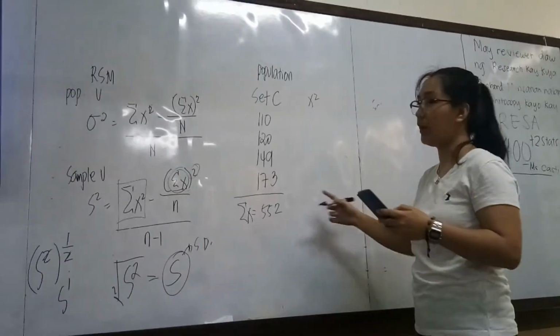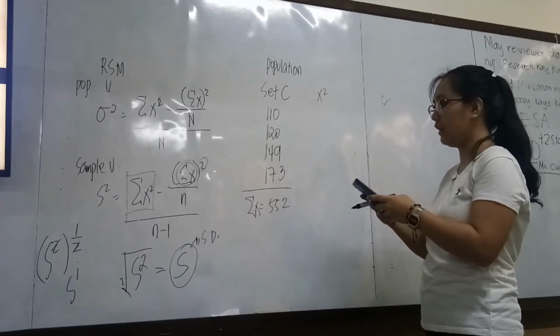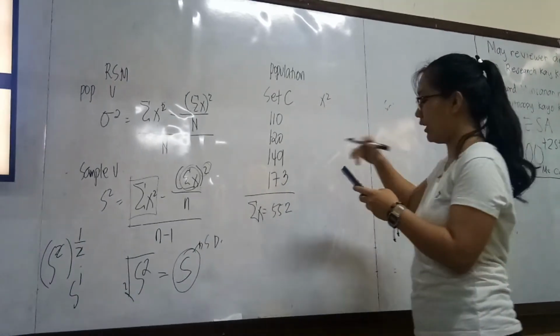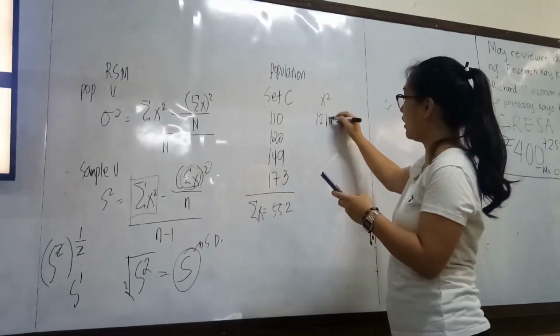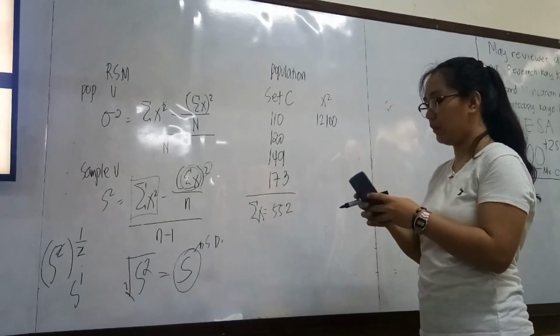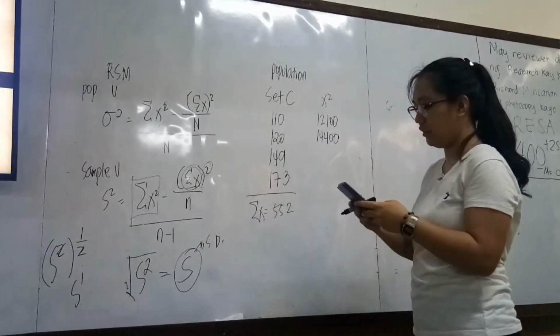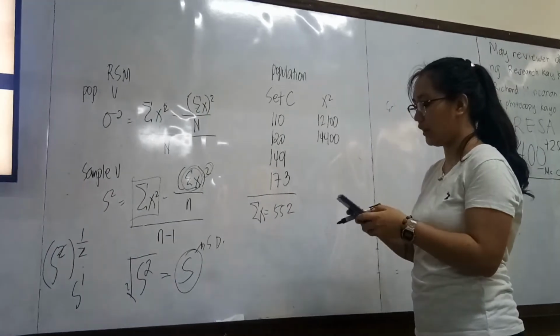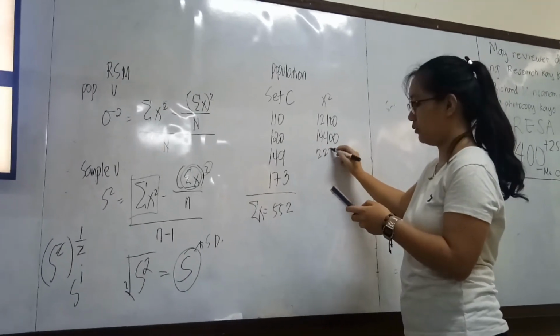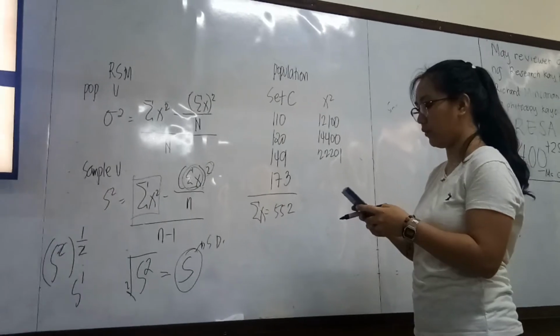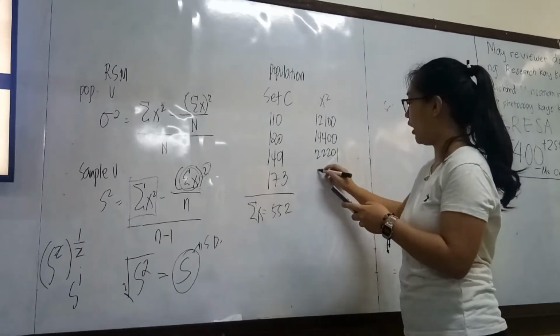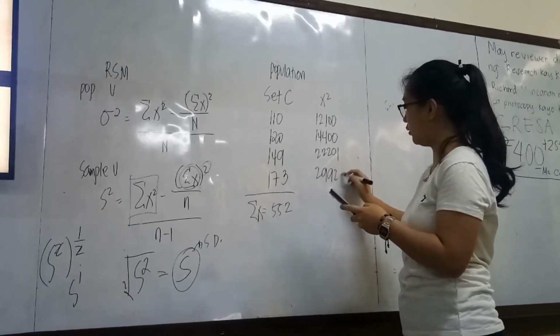So, summation of x squared naman tayo. Square 110. The answer is 12,100. And then we have 120, we have 14,400. 149 square is 22,201. And then we have 173 square. We have 29,929.